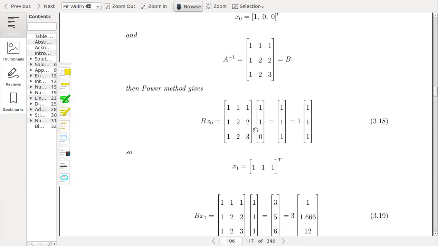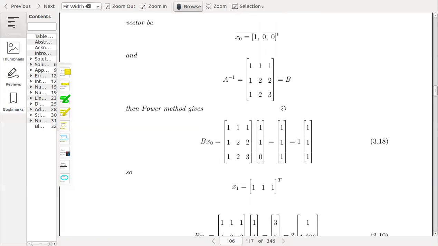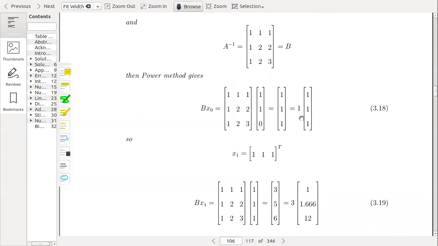Because if we multiplied with this vector, we would get the first value as 1 plus 1 equal to 2. But here it is 1, which means the initial vector is 1, 0, 0. So then we have to take common the highest value, which is equal. So we can just write it as 1 times.